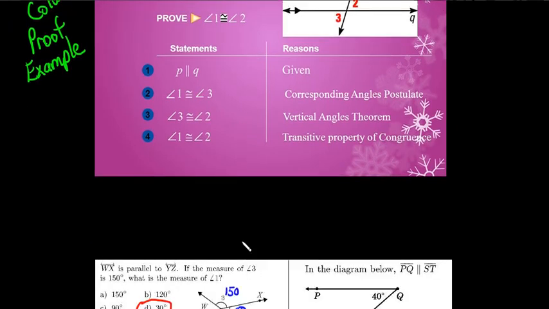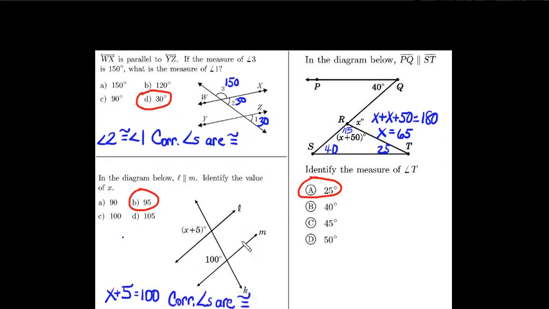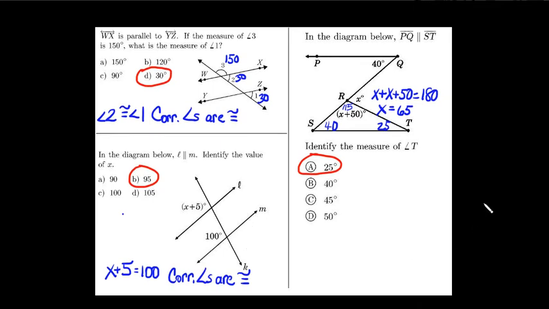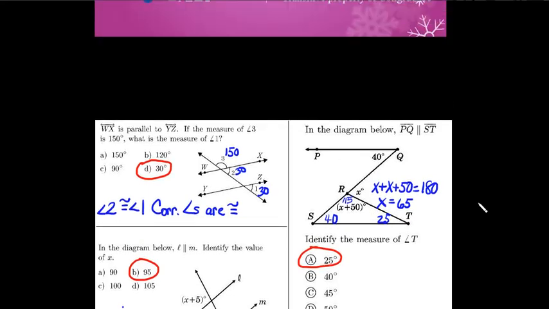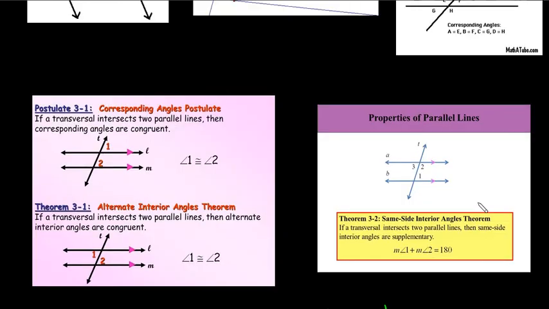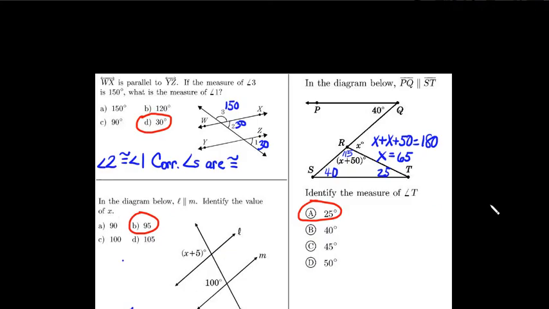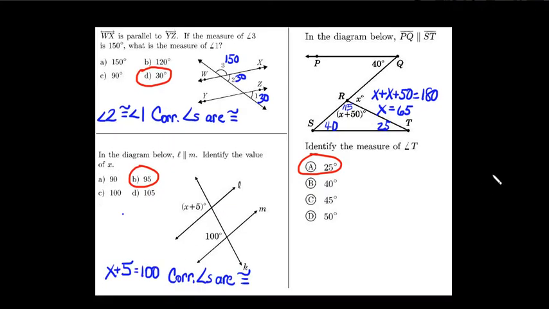Here, you're going to have to figure out some angle measurements based on all of these theorems and postulates and definitions that we talked about up here. I've already worked them out for you, and this is just as an example because you'll be asked to do some yourself. If you're told that WX is parallel to YZ, you can see that it's cut by a transversal.